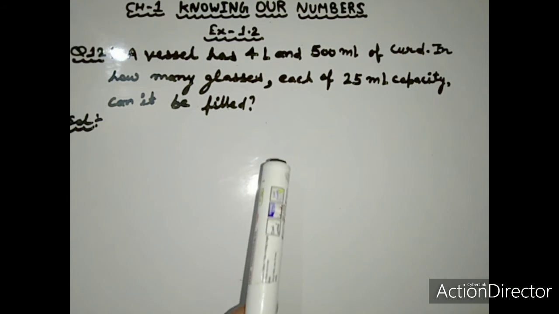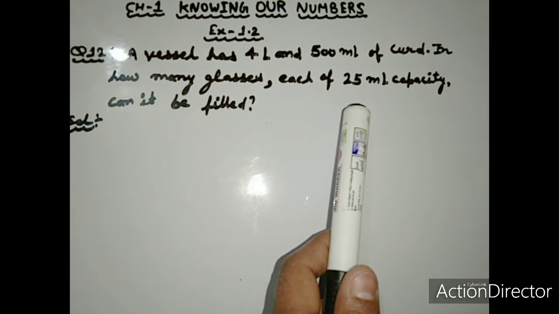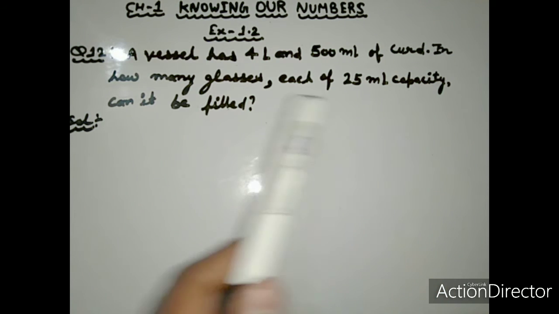In how many glasses each of 25 milliliter capacity can it be filled? So here first we write the capacity of curd in a vessel, and after that we convert this all quantity in milliliter.